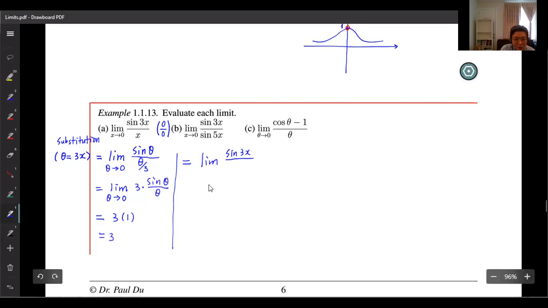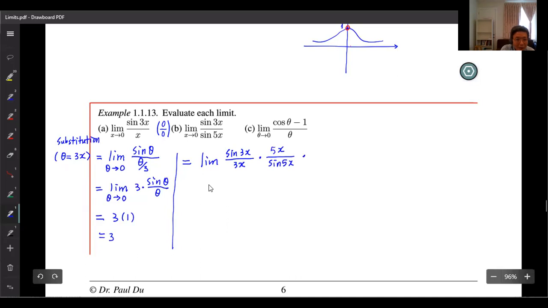If you don't like to introduce a variable explicitly, that's okay. You can put a 3x here, times 3x here. This is a 5x, so here we don't want to use 3x, we want to use 5x.